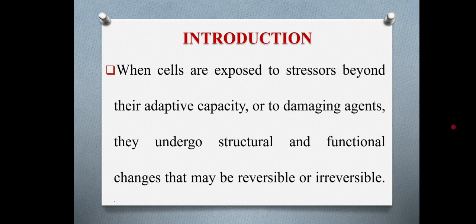And then we're also saying that when cells are exposed to stressors beyond their adaptive capacity or to damaging agents, they undergo structural and functional changes that may be reversible or irreversible. These stressors could be too much exercise, maybe the smoke, or the heat. If the stressors are too much and these cells fail to adapt, they will undergo structural and functional changes.